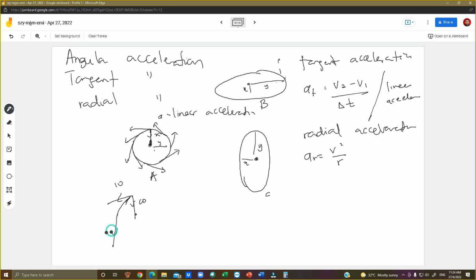Tangent 12, ke dalam 8. Which causes the rotation or the curvature to not be a sphere anymore. It becomes ellipsoidal, menjadi bentuk ellipse.